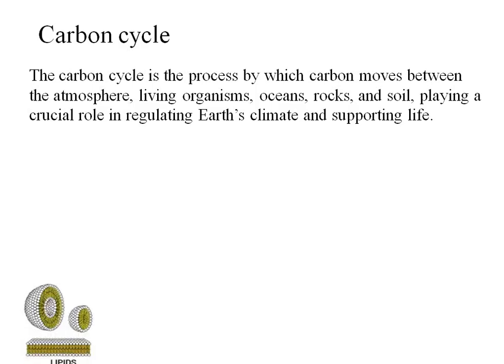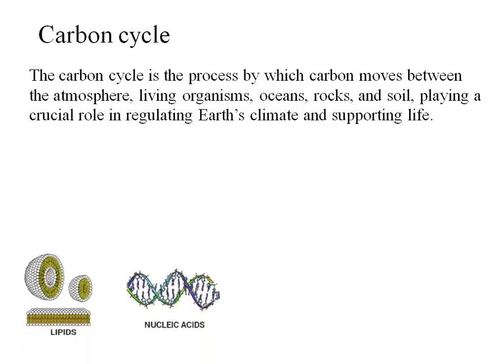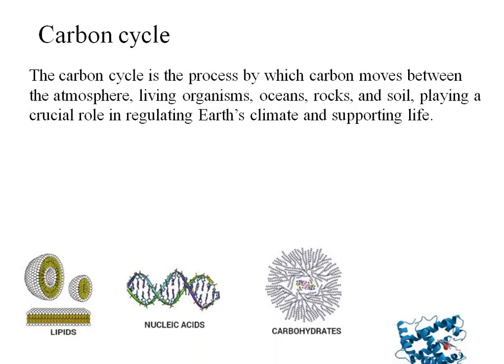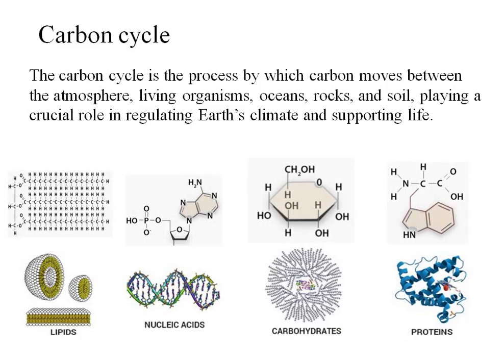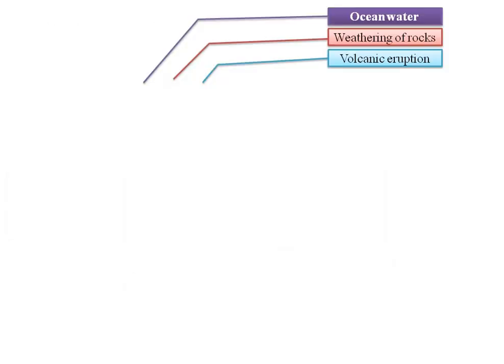Carbon is found in lipids, nucleic acids, carbohydrates, and proteins. If you see in this structure, carbon is found as a vital part in the chemical structure. So carbon is also called the backbone of biomolecular structure. Let us see the mechanisms of carbon cycle.